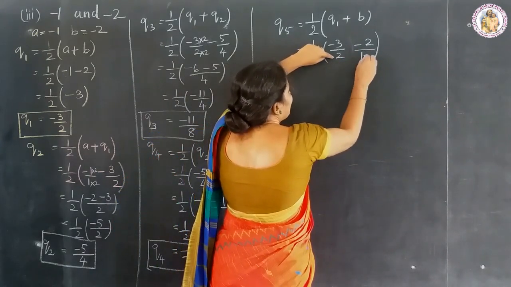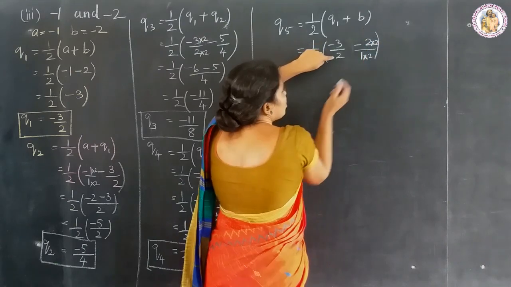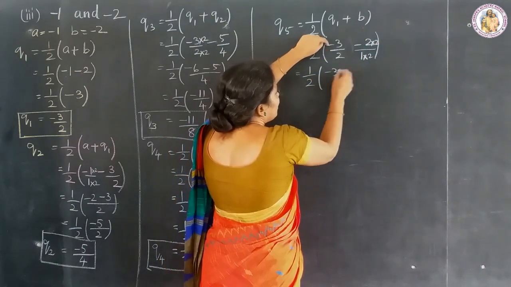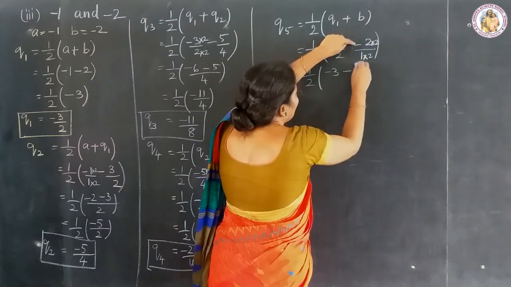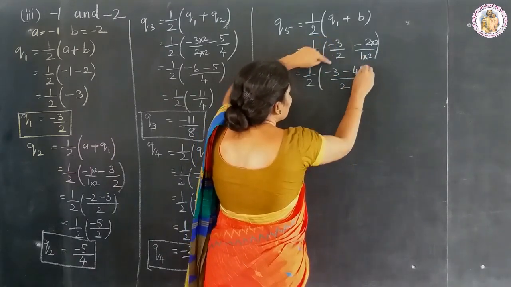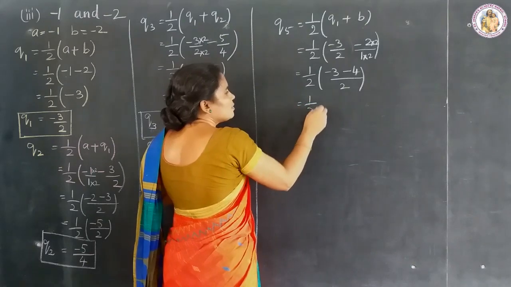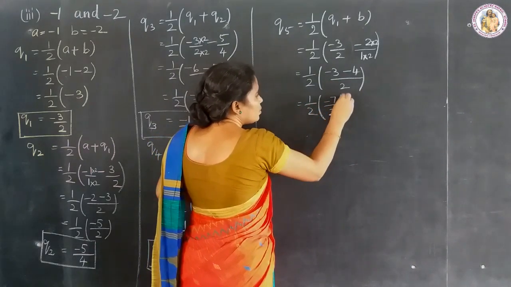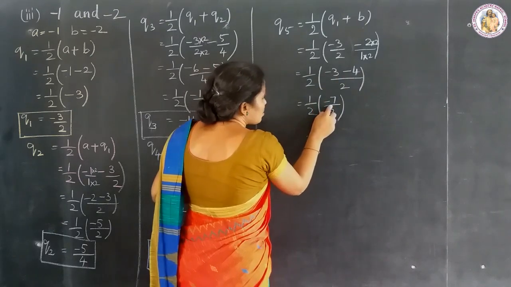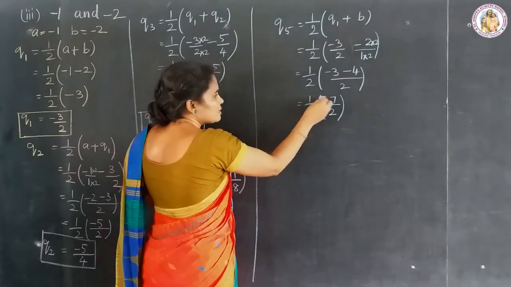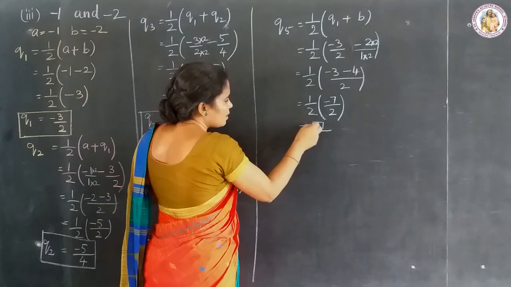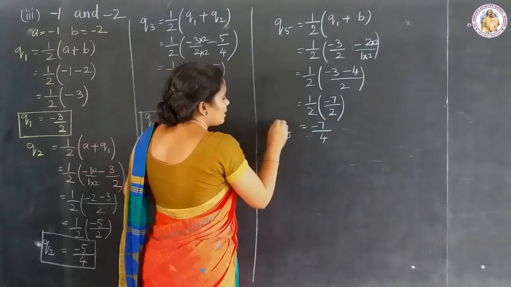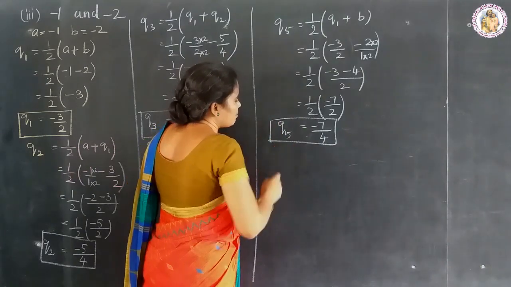So multiply with 2 to the numerator as well as denominator. 1 by 2 of minus 3 minus 2 2s are 4 by 2. So 1 by 2, minus 3 minus 4, minus 7 by 2. Same sign add. So minus 7 by 2, multiply 1 7s are 7 minus 7 by 2 2s are 4. So Q5 is equal to minus 7 by 4.